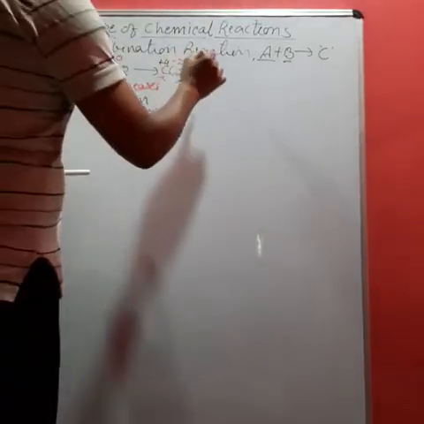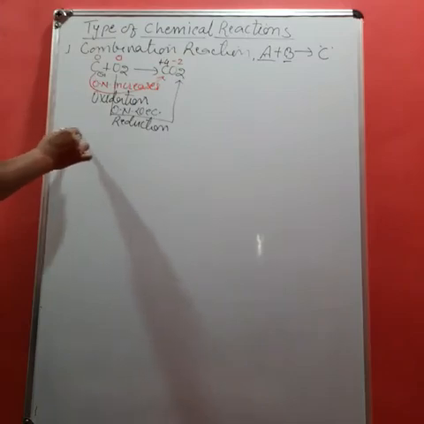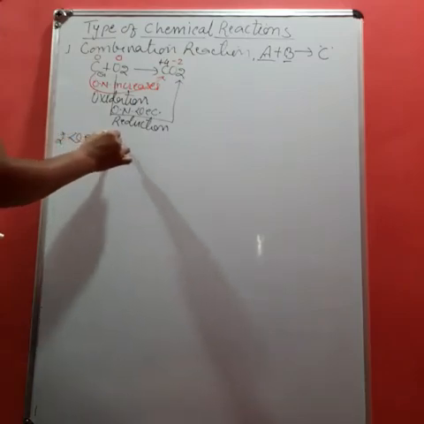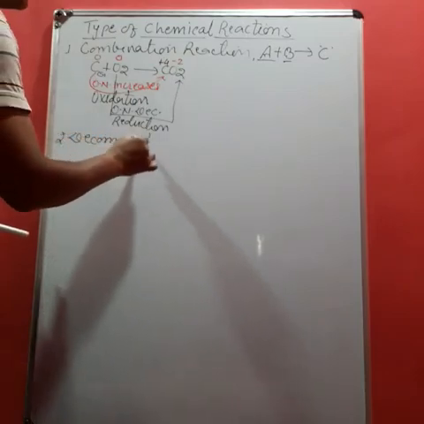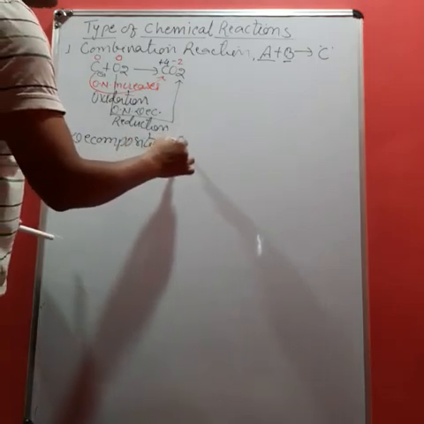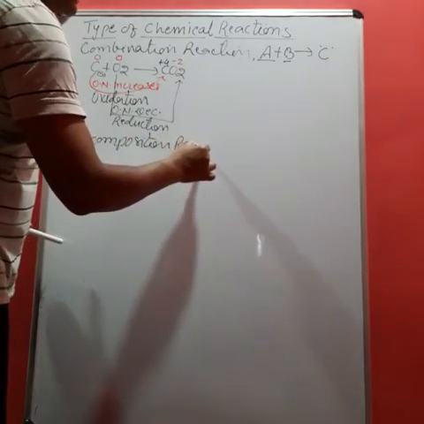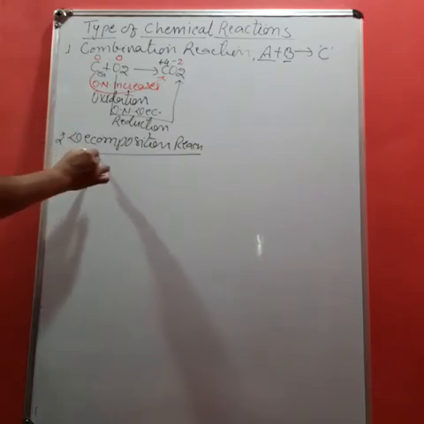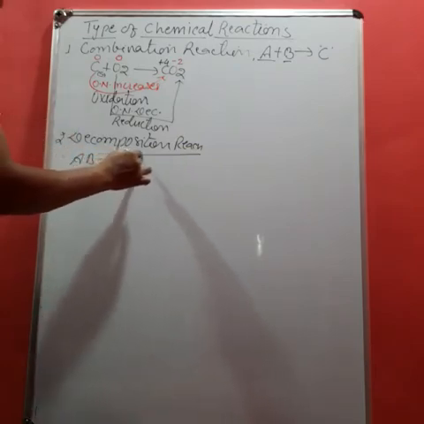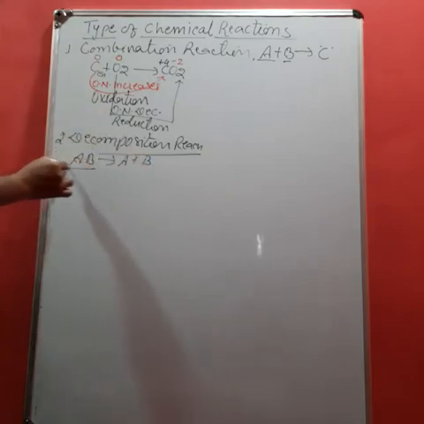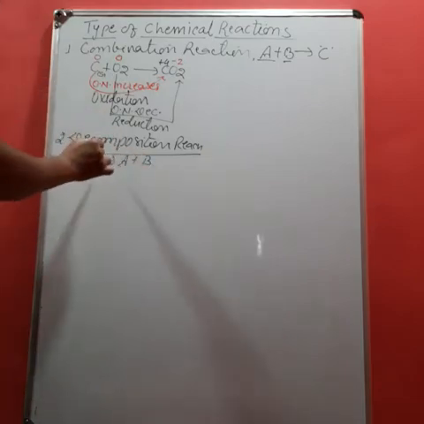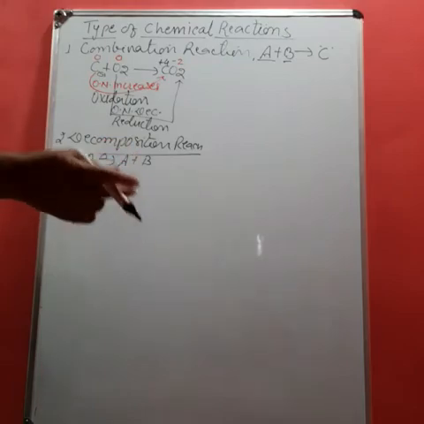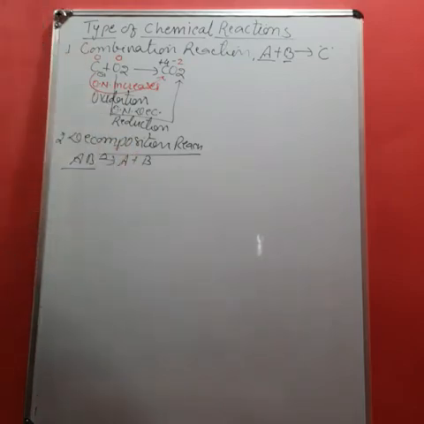One more type of reaction is the decomposition reaction. Now what is a decomposition reaction? You can call it AB, when strongly heated, converted into A plus B, that is, one compound after decomposition converts into more than one compound.